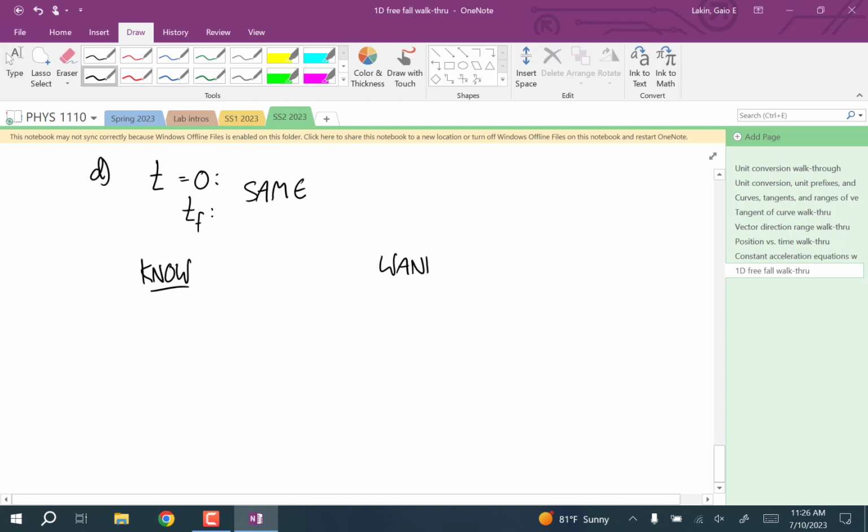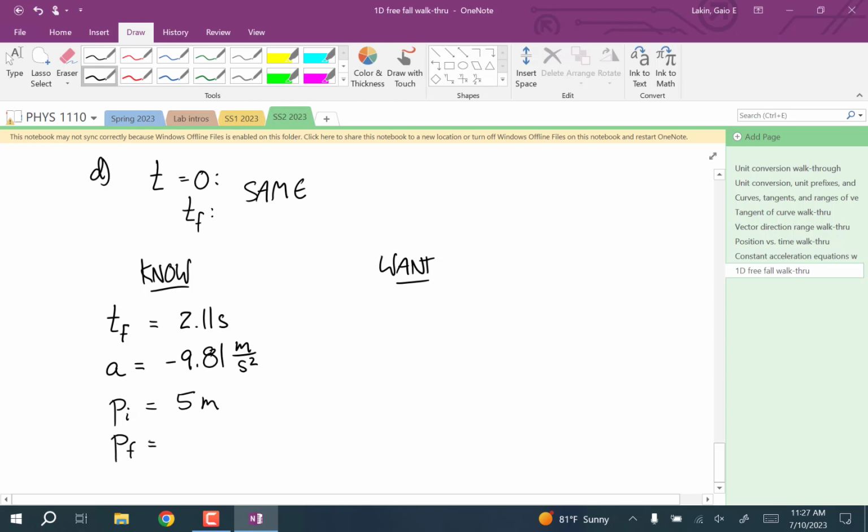So pause the video and fill out this table. Time final is equal to 2.11 seconds. Acceleration is negative 9.81 meters per second squared. P initial is 5 meters.